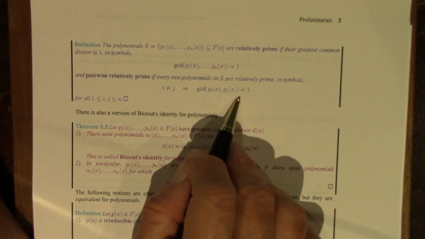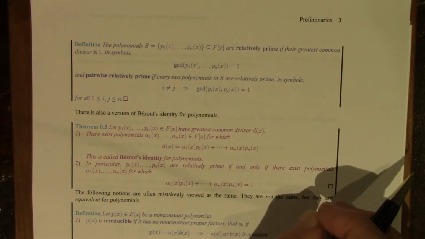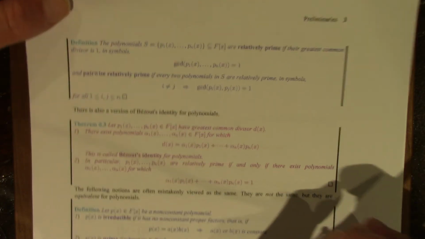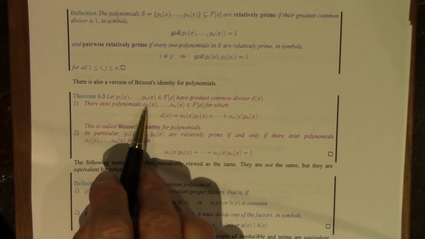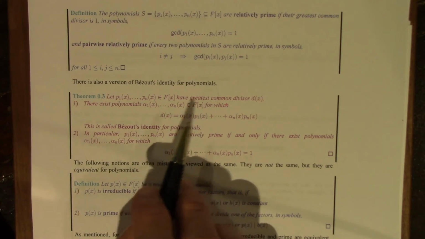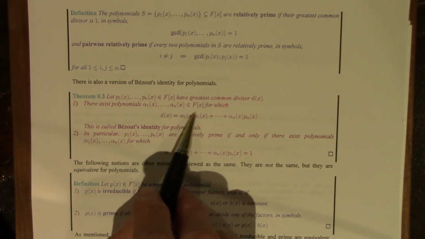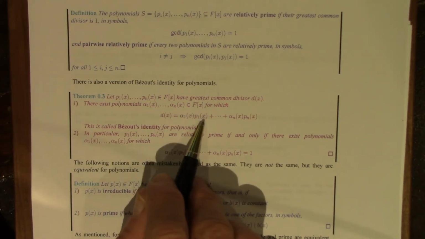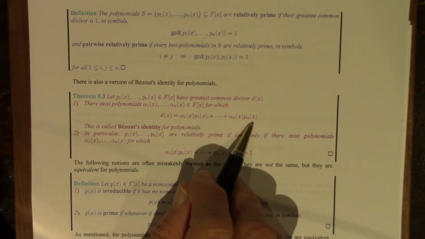So that would look like this. And this will be very important to us as we study canonical forms. There's a version of Bezout's identity for polynomials that looks exactly the same as the previous version for integers, except we deal only with polynomials.